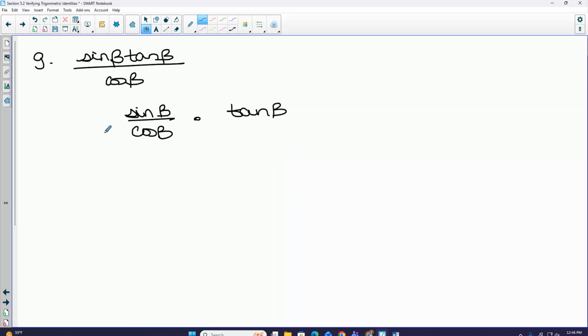Would you guys agree that if I multiply it back together, I get my original? What is sine over cosine? Tangent.